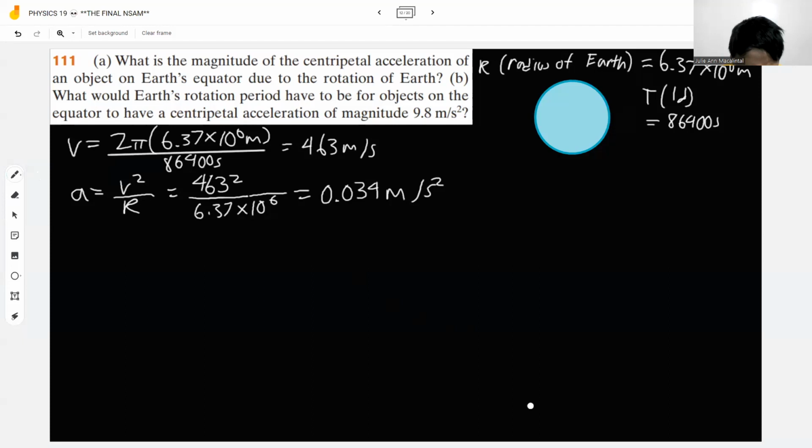So sa part B, I think maganda ang gawin mo niyan ay express everything in terms of the radius and the period.